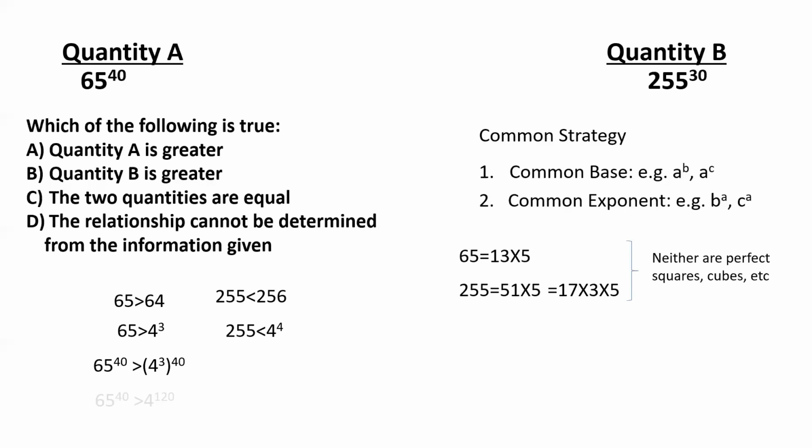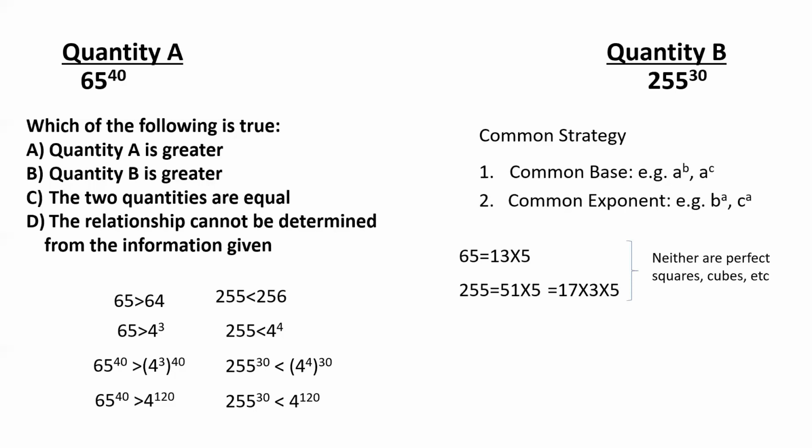The exponents on the right hand side get multiplied, so 65 to the power 40 is greater than 4 to the power 120. We do the same thing for the other inequality. We bring in quantity B by raising both sides of the inequality to the power 30. So we have 255 to the power 30 less than 4 to the power 4, whole raised to the power 30. And this becomes 255 to the power 30 less than 4 to the power 120.